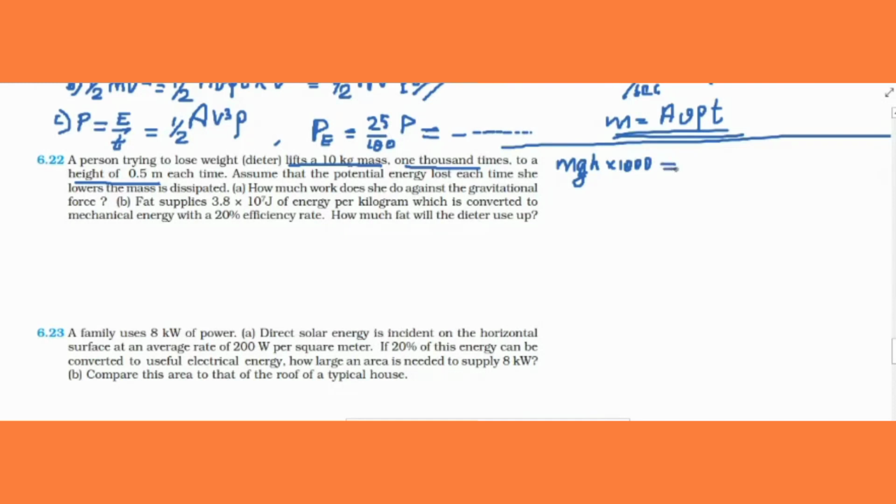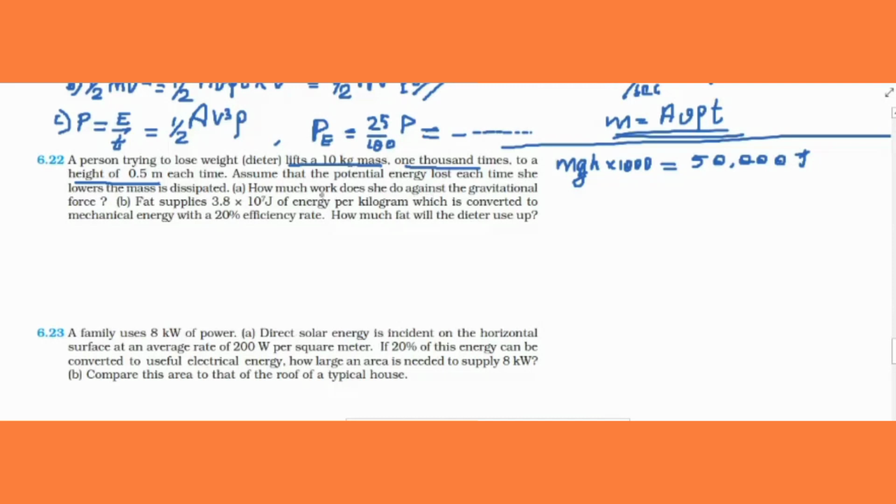So how much energy the dieter spends as the potential energy? That is what we are calculating now. I think you will get the answer around 50,000 joule. Now, that is a potential energy. That much of energy is spent by the dieter to give the potential energy of the object when it is lifted.